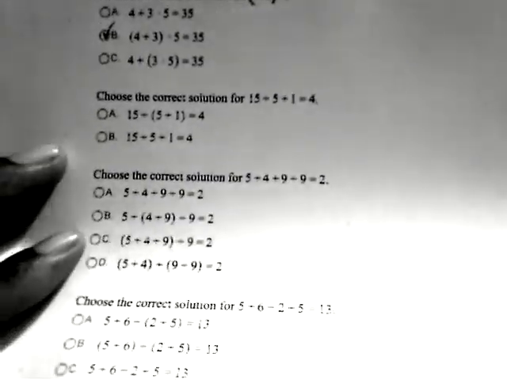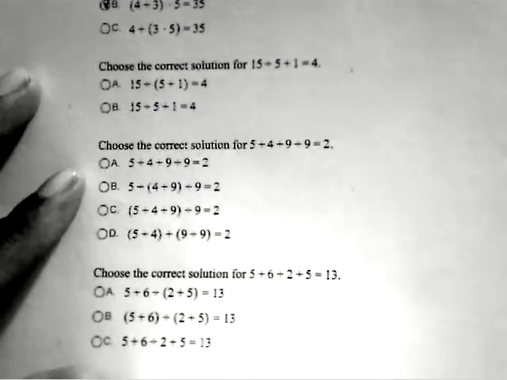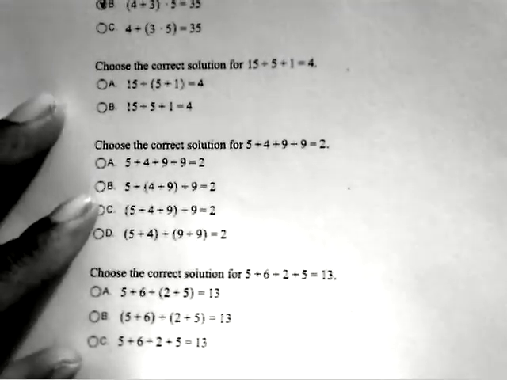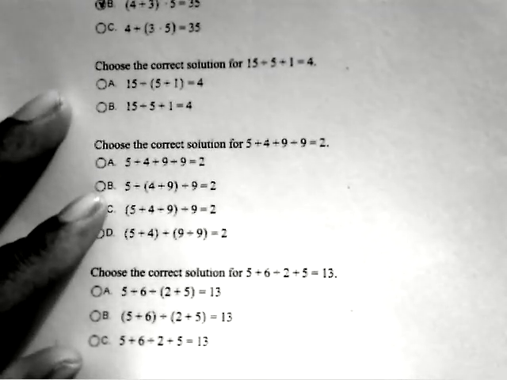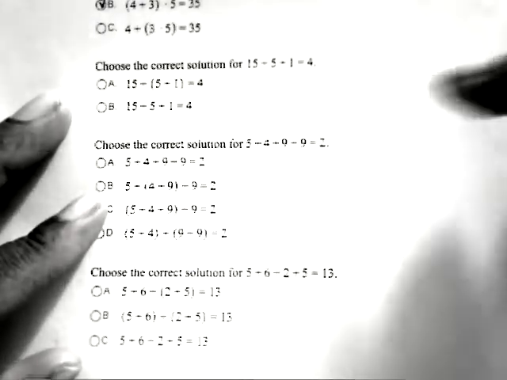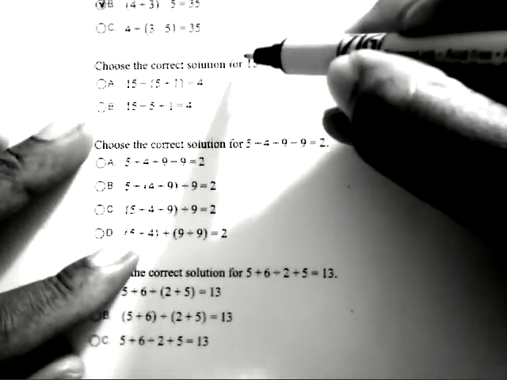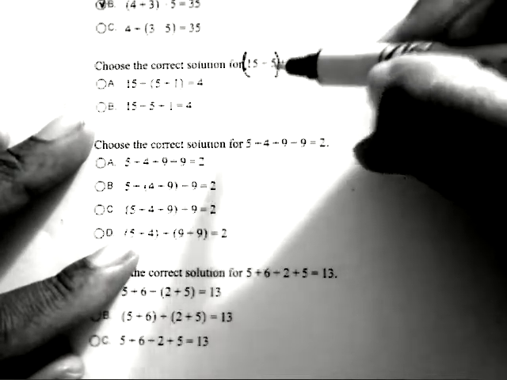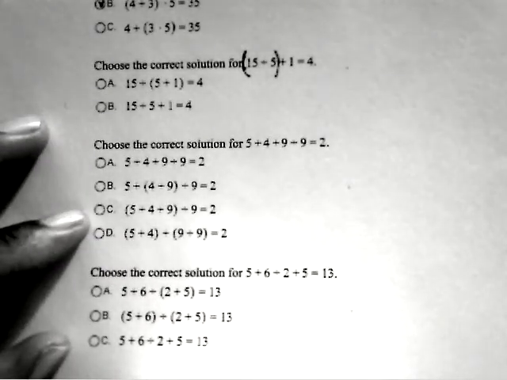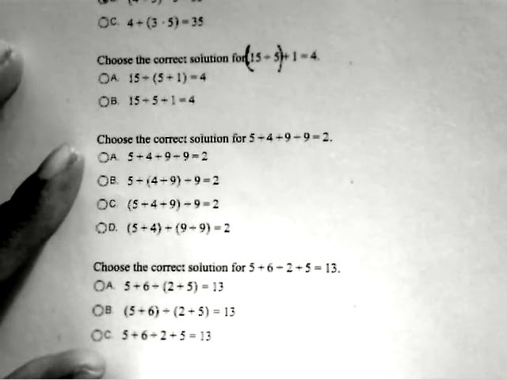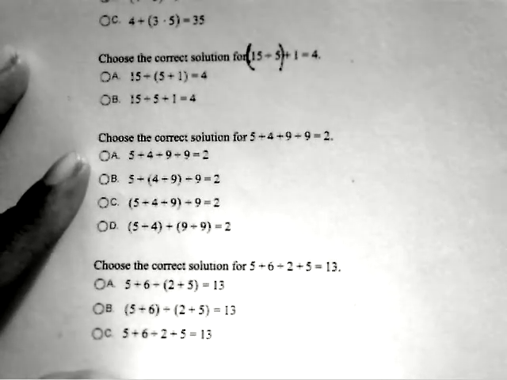Okay, the next one, you're going to choose the correct solution for 15 divided by 5 plus 1 equals 4. Notice I'm putting the parentheses around the 15 divided by 5, which will give me 3, and then 3 plus 1 will give me 4.